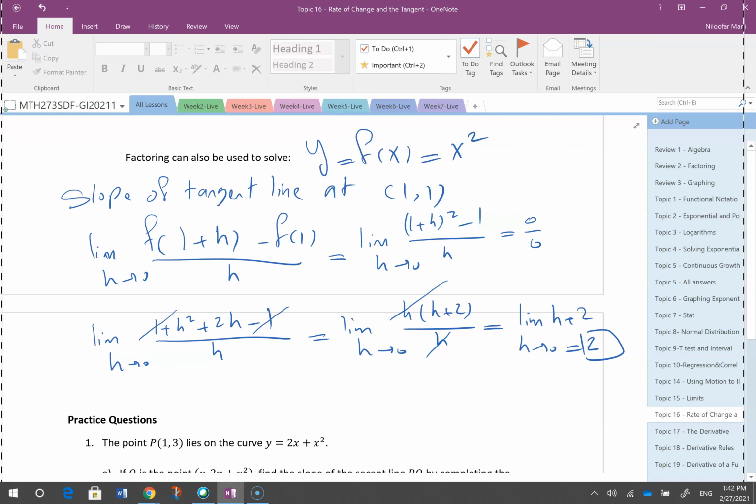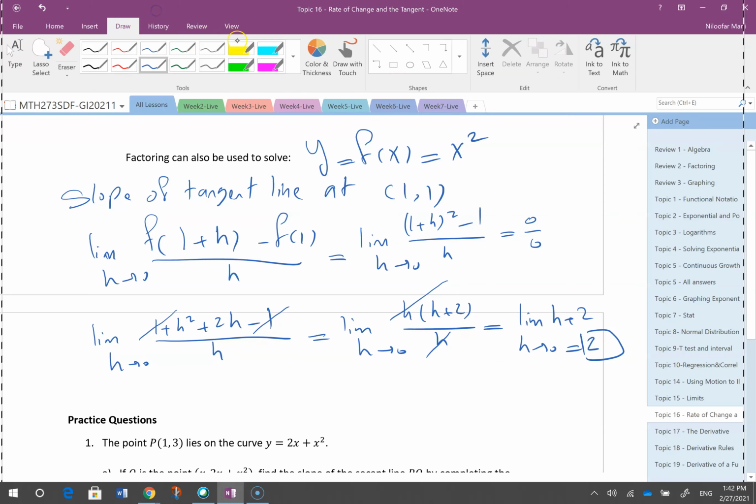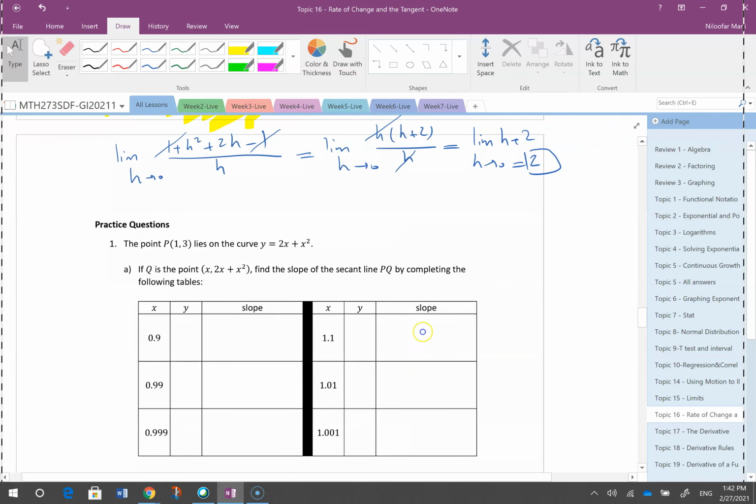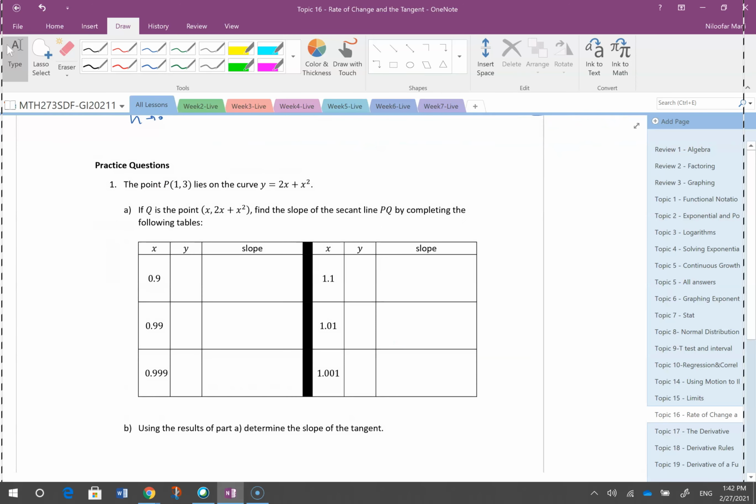So if I have a function like this, and I want the slope of the tangent line at this point, I can use this method. This is the formula. Remember this. So for practice, this is asking what is the slope of the tangent line for this function at this point.